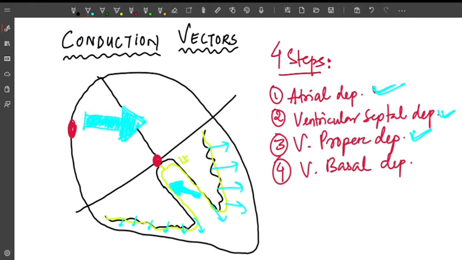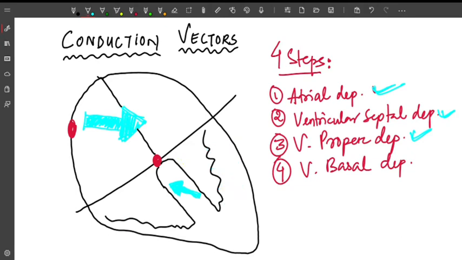So the impulses transmitted in the left ventricle per cross section will be of higher amount, so the amplitude will be high. So the vectors are stronger and larger on the left side than on the right side, because the right side has less musculature.